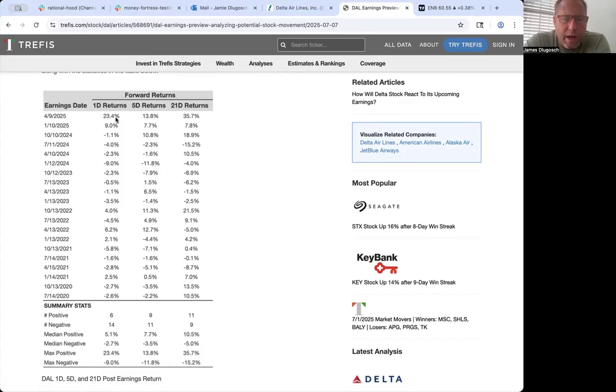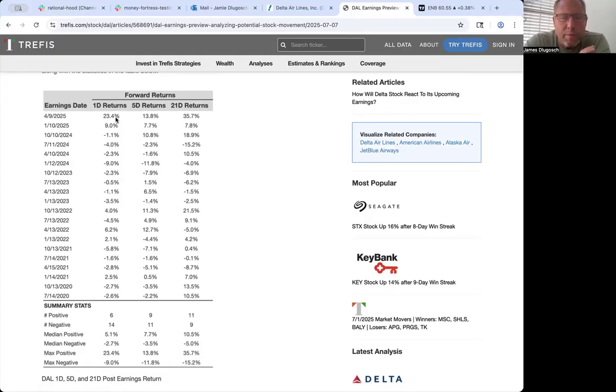And on the downside, and this is really interesting to me, a minus 2.7% median move to the downside for those 14 quarterly events where Delta's stock price went down the one day after the news was released. So what does that all mean?